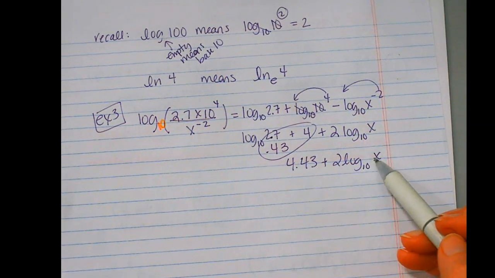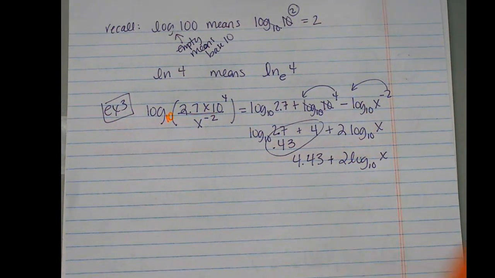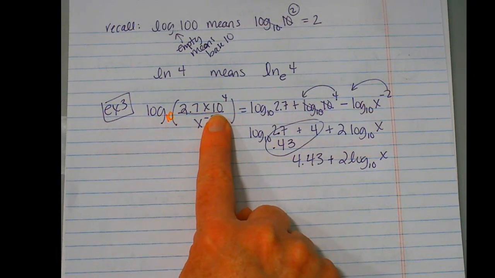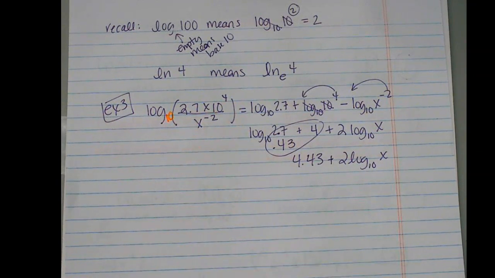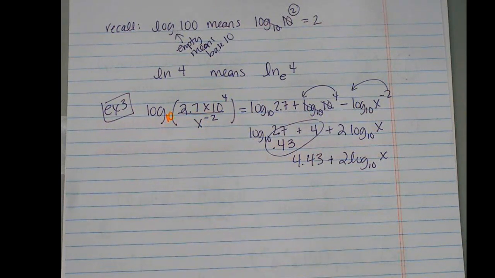We might need to do some of this actual math to be able to solve things later. So separating it meant that we could make sense out of this 10 to the 4th, and even simplify the 2.7 a little bit. But we would need a calculator for that. So we will use calculators more in this section than we have in any other section in the book.